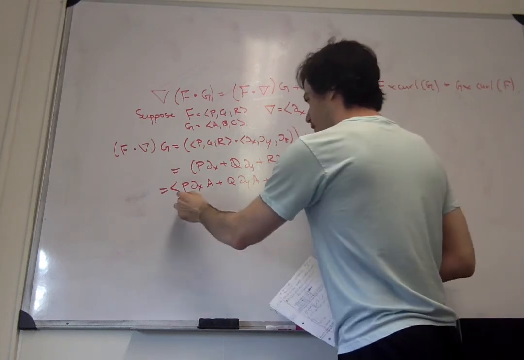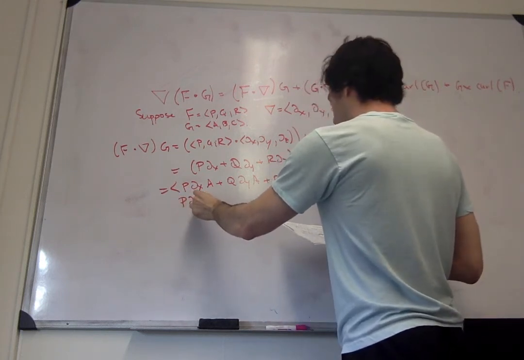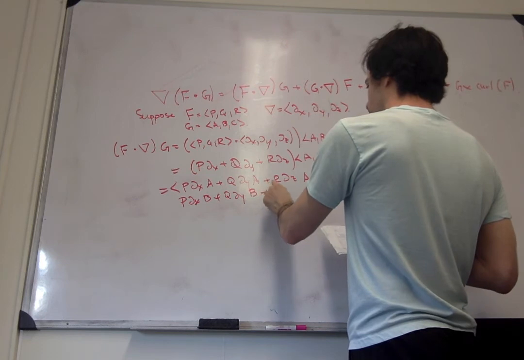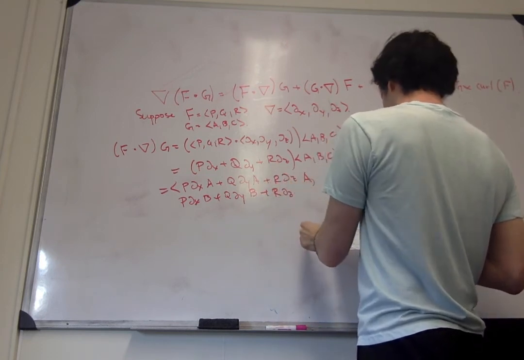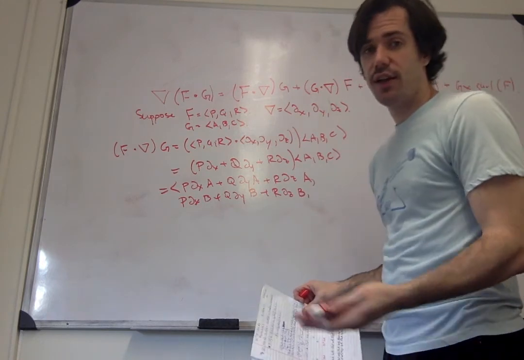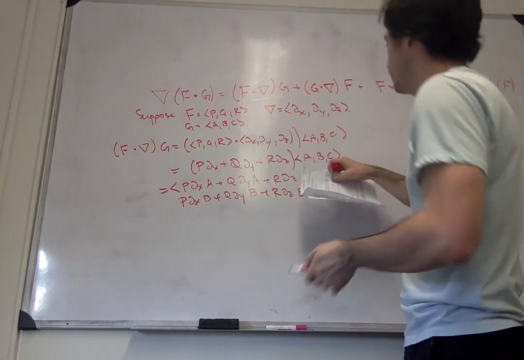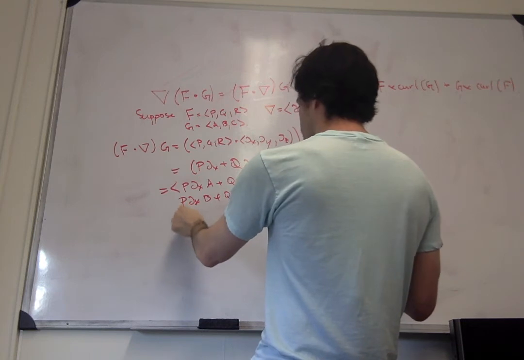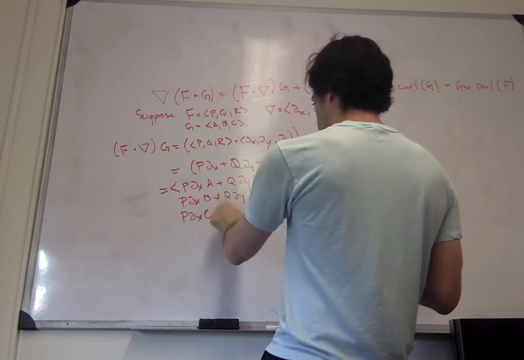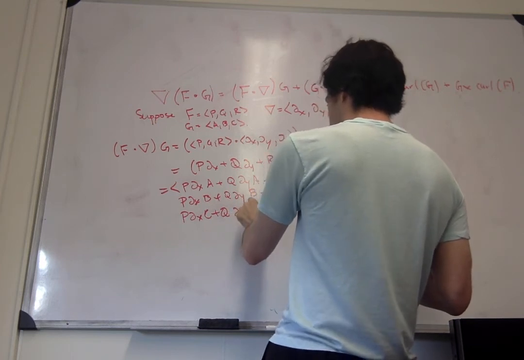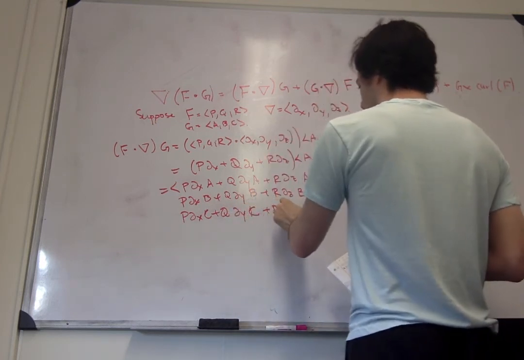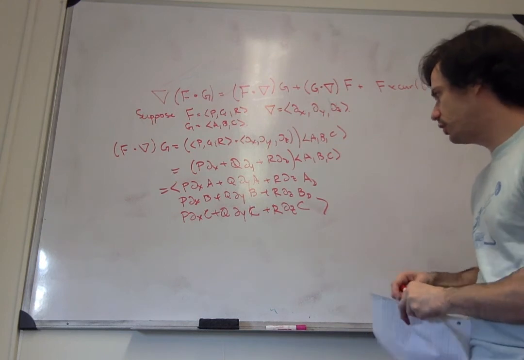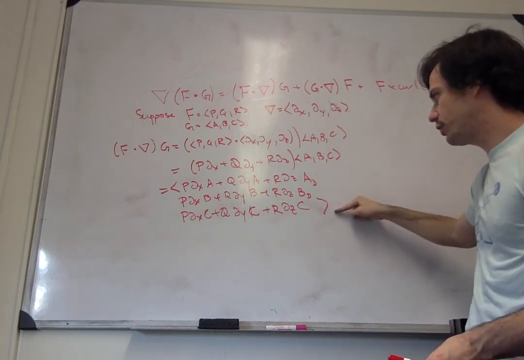Now I'm going to apply it to the second component, so I should get P del x B plus Q del y B plus R del z B. And then finally I apply the whole thing to the third component, so I get P del x C plus Q del y C plus R del z C. So you should have this vector of three components, and it looks like that.